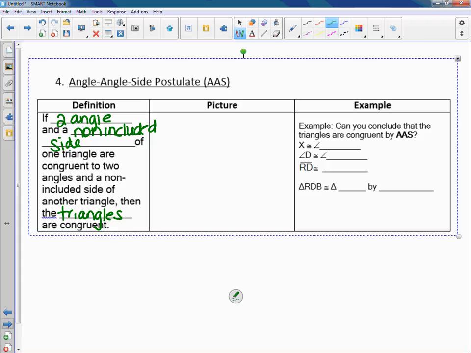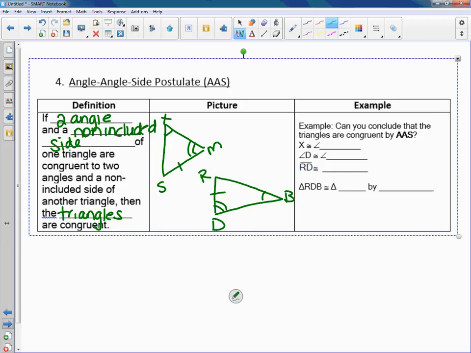So, let me give you a picture. X, S, M. And we're going to call this one R, D, B. So, can we conclude that these are angle, angle, side?